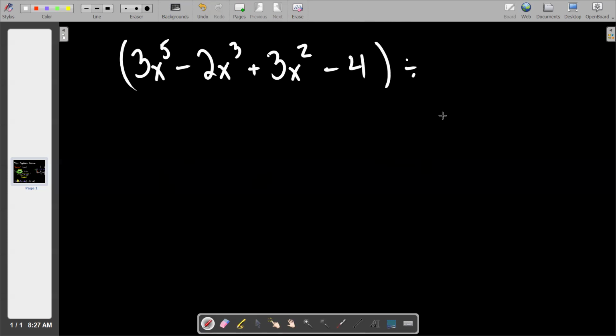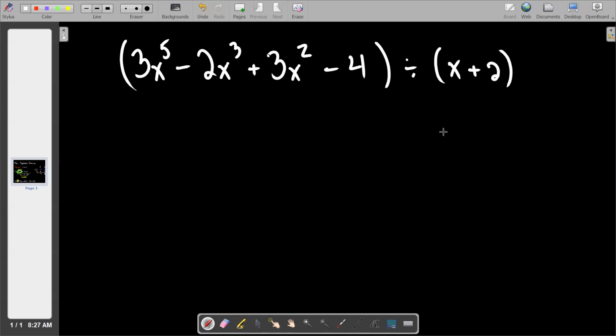And let's divide it by, how about x plus 2? The probability of this being a remainder of 0 is like 0.0001%, right? Just make it up on the fly. You should probably expect a remainder, just FYI.